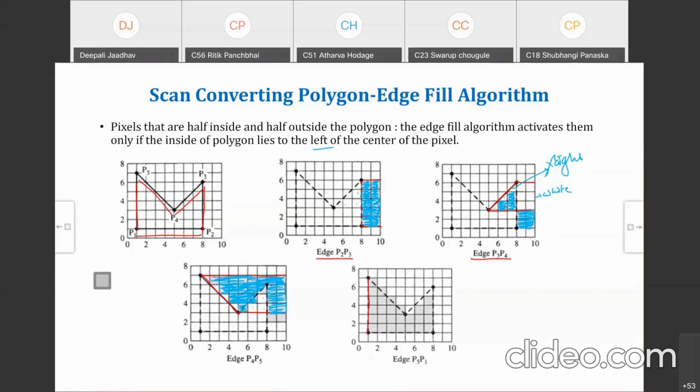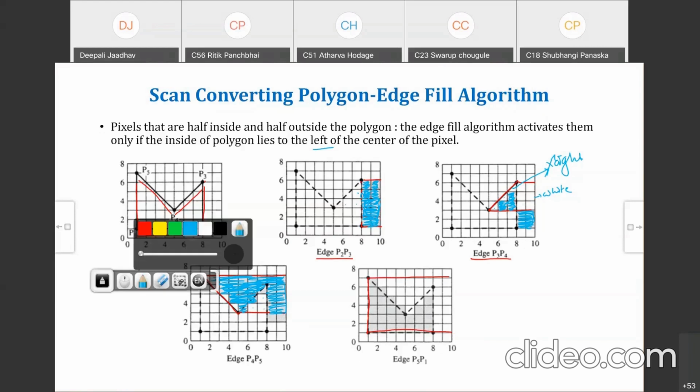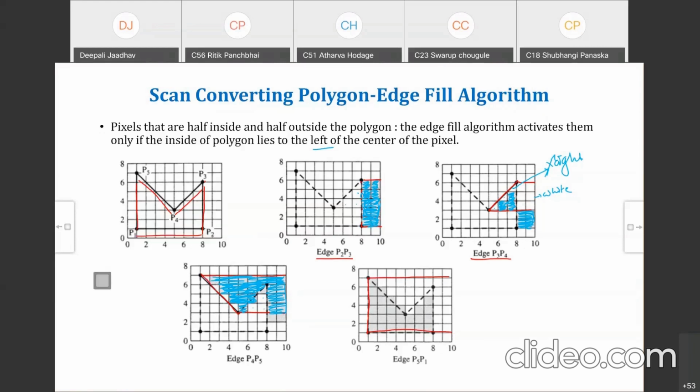For P1, P5, consider all these pixels on the right hand side and complement them. So these all which are blue become white. You can observe this one, this one, this one, and all these, which are already blue, become white.